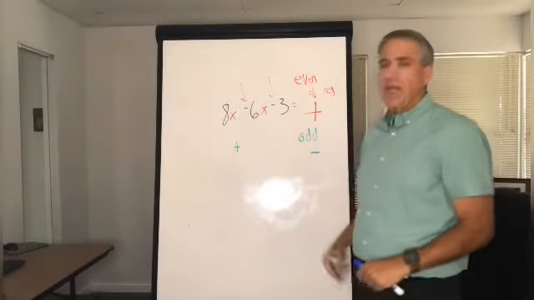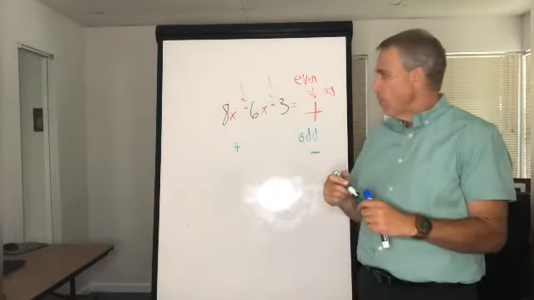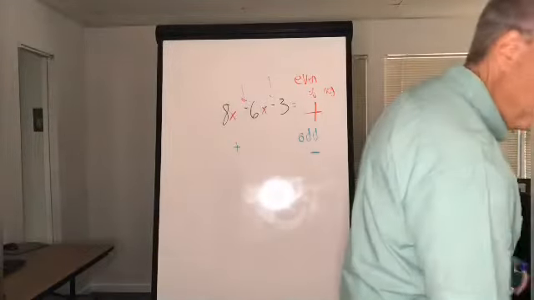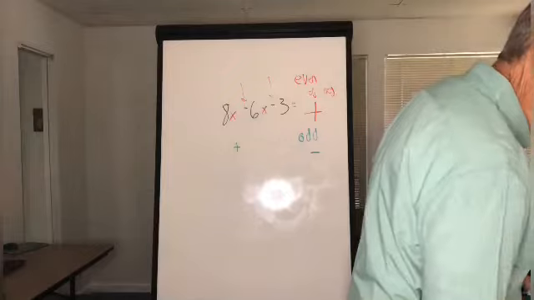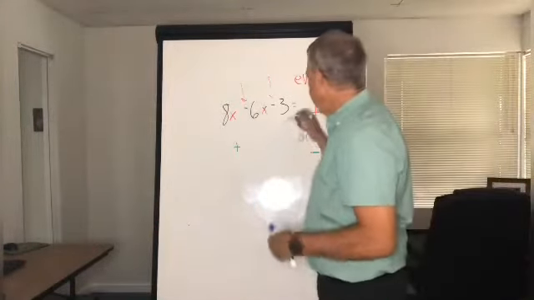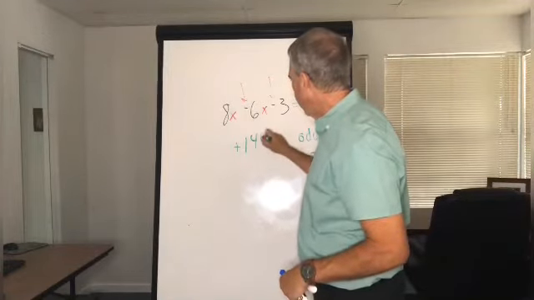Even number of negatives, 2 is an even number. 8 times 6 is 48, and 48 times 3 is 144. Answer, positive 144.